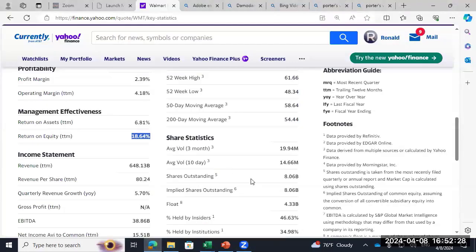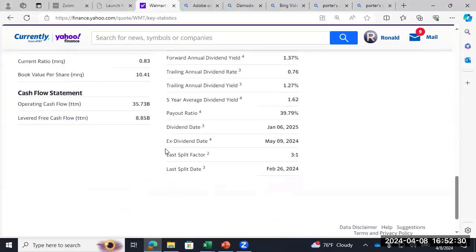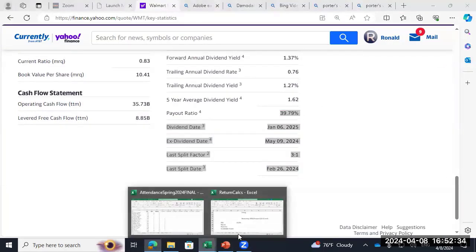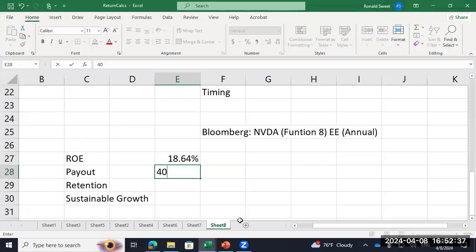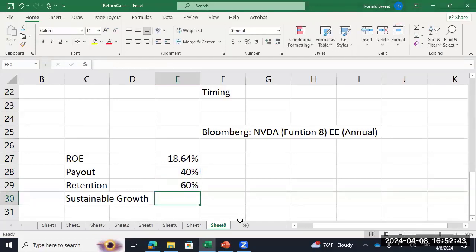The payout is 39.79. I'm just going to say 40%. What's their retention? You pay out 40%, how much are you retaining? 60%. So what's their sustainable growth? 11%. What's the problem with this number? It's this right here.